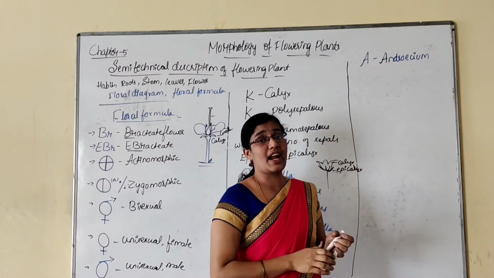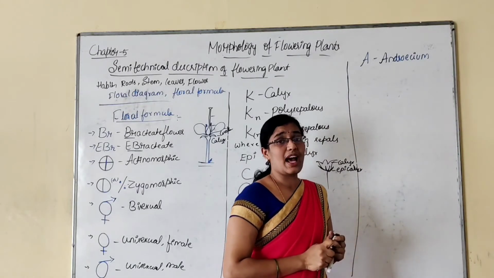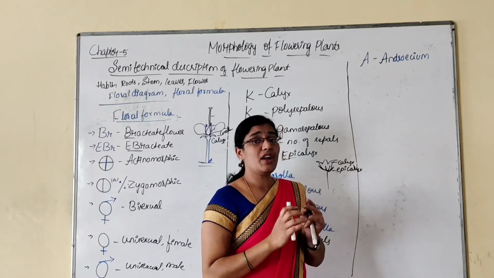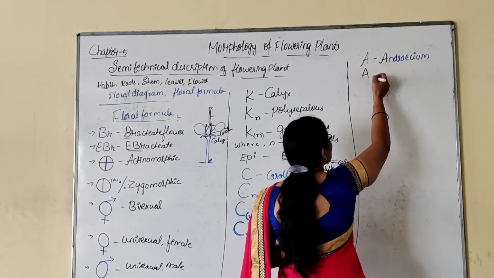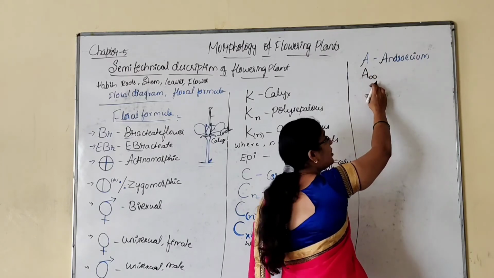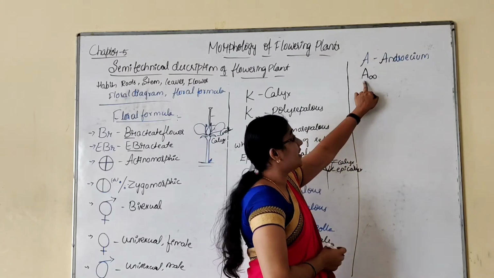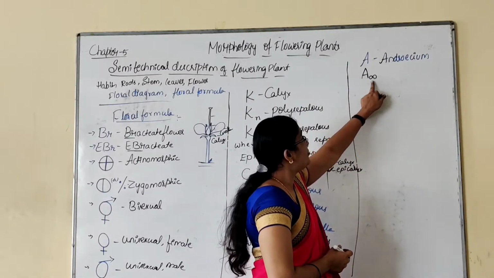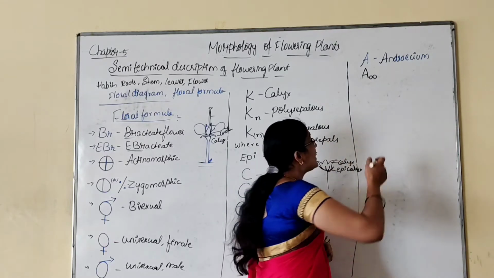In some cases, an infinite number of stamens will be present. That condition can be shown by writing A and at its foot writing the infinite symbol.